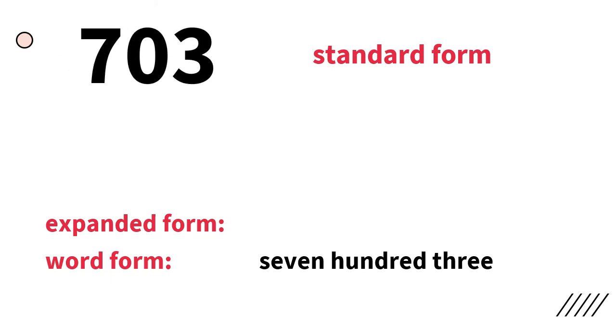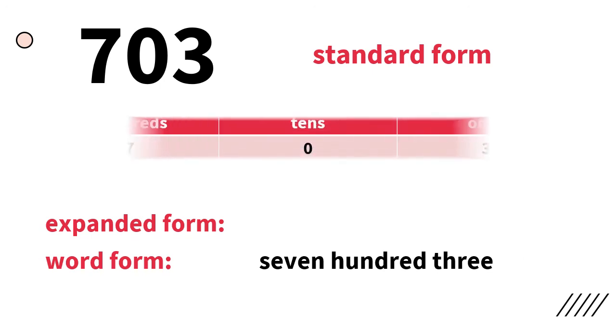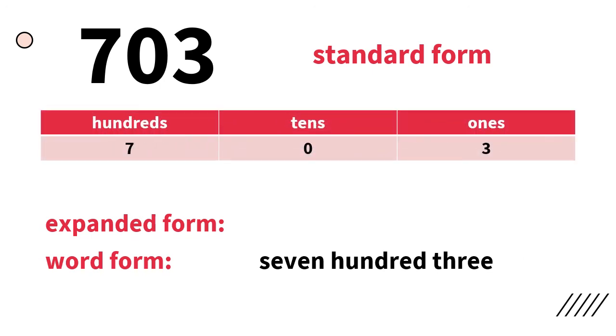Now what if I'm just given the word form, like 703? Well, I think to myself, okay, 703 would be written like this, 703 in standard form. So I think to myself, well, if I put it into a place value chart, I have 7 in the hundreds column, 0 in the tens column, and 3 in the ones column.